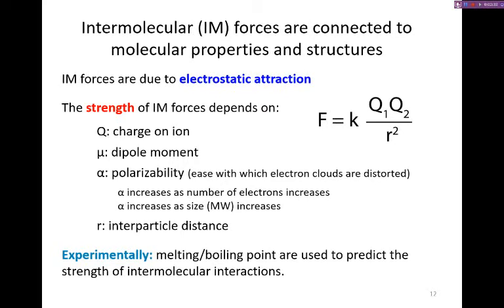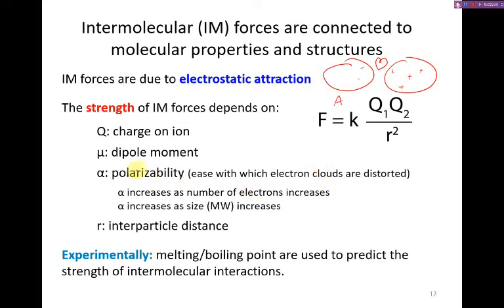So intermolecular forces, as I mentioned, are due to the attraction of the electrons within one molecule to the electrons within another molecule. So if we have molecule A and it has some electrons, then they're attracted to the protons present in the molecule adjacent to it.